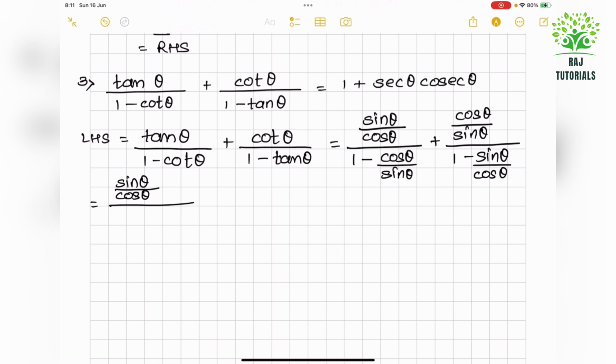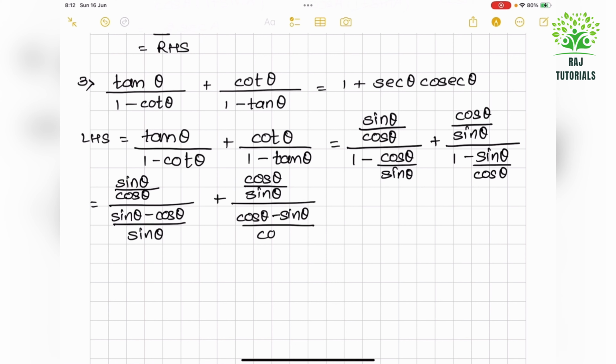So now doing the LCM in the denominator, I will get sin theta upon cos theta whole upon (sin theta minus cos theta upon sin theta) plus cos theta upon sin theta whole upon (cos theta minus sin theta upon cos theta).